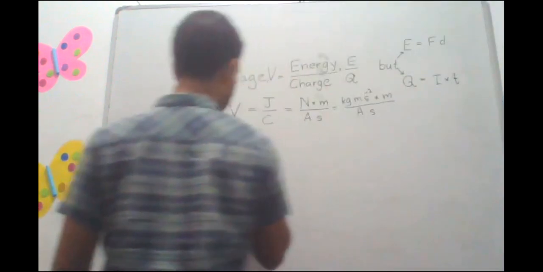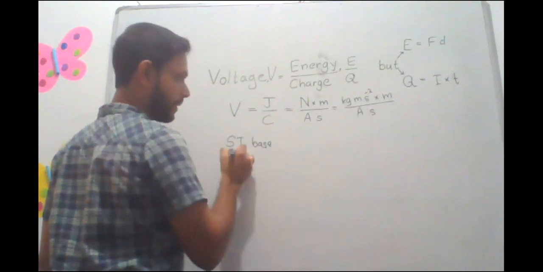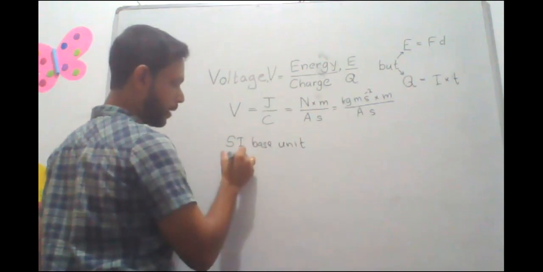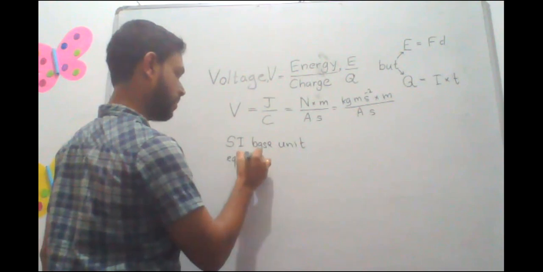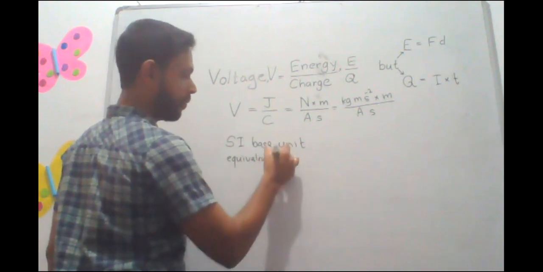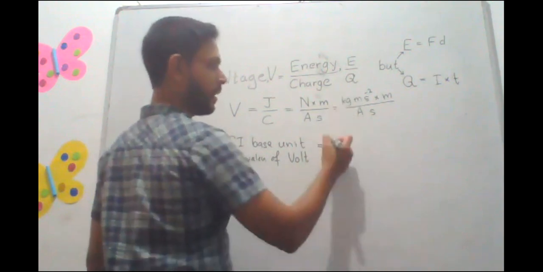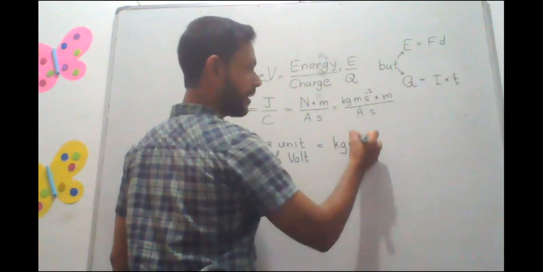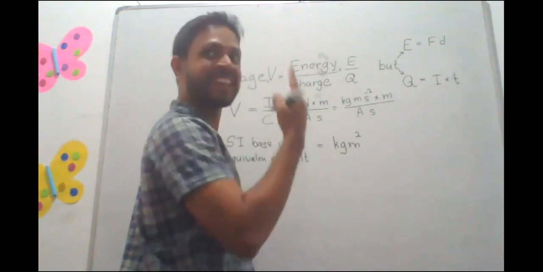So you can write down the SI base unit equivalent of volt as kilogram, meter squared, per second, right?